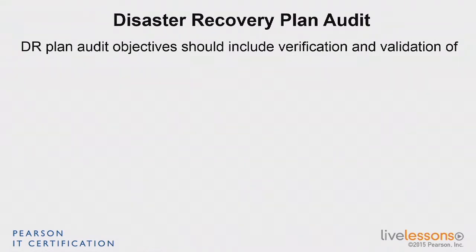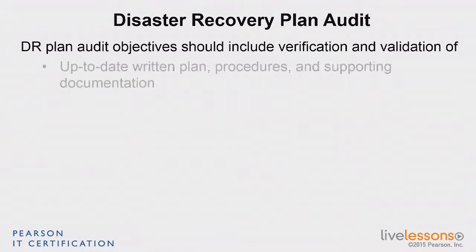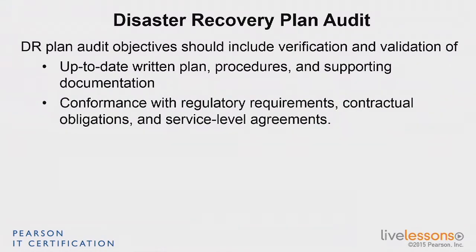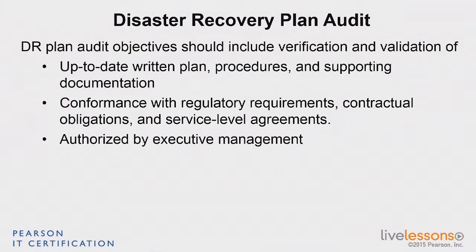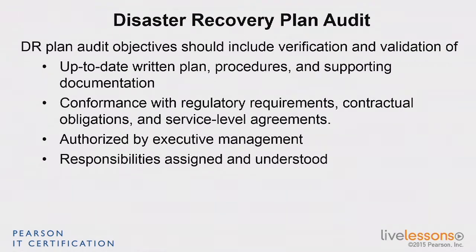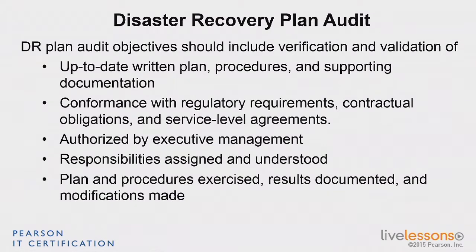DR plan audit objectives should include the verification and the validation that our plans are up to date, as well as our procedures and our supporting documentation, that our plan conforms with all of our regulatory requirements, our contractual obligations, and any service level agreements that the organization may have to their partners, that our disaster recovery plan has been reviewed and authorized by executive management, that all of our plan responsibilities are assigned and understood, and that plan and procedures have been exercised, the results documented, and the appropriate modifications made.